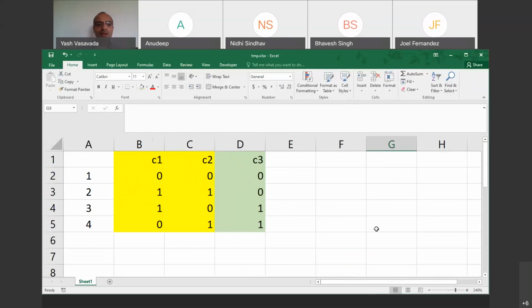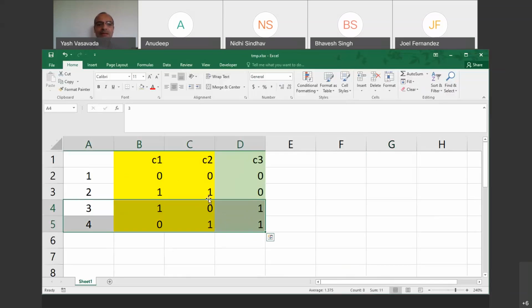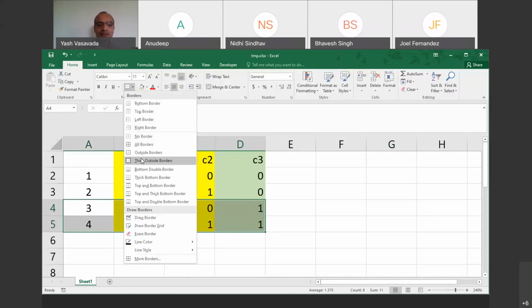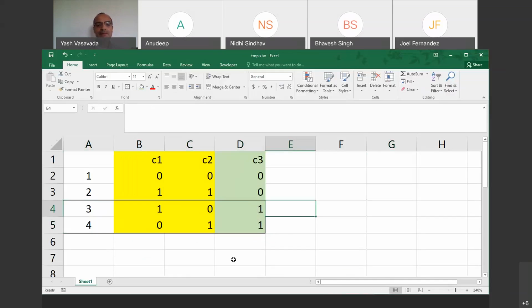Okay, so let us consider the events in which C3 is equal to 1. So it's obviously these two events. These are the events in which C3 is 1. And C3 is our dependent variable.